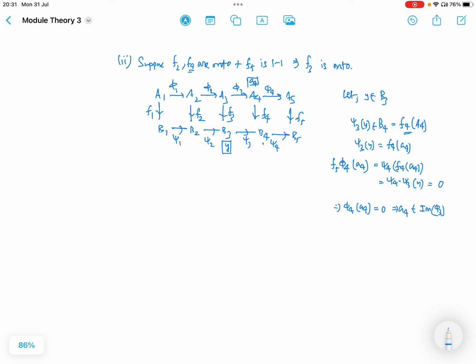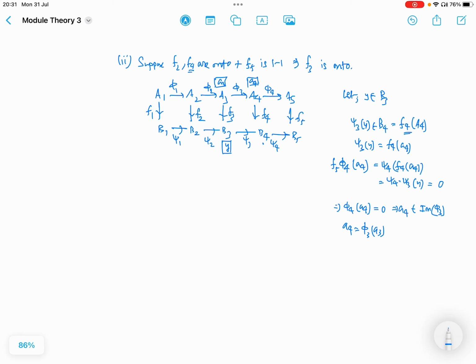And so you can lift it to some element inside A3. Let's just call it small a. So you're at A3. So A4 is phi 3 of a. But now, see, you are back at A3, but there is no reason to believe that this should be the pre-image of Y, right? Because it may not be the case. So let's see. So you are at A3.